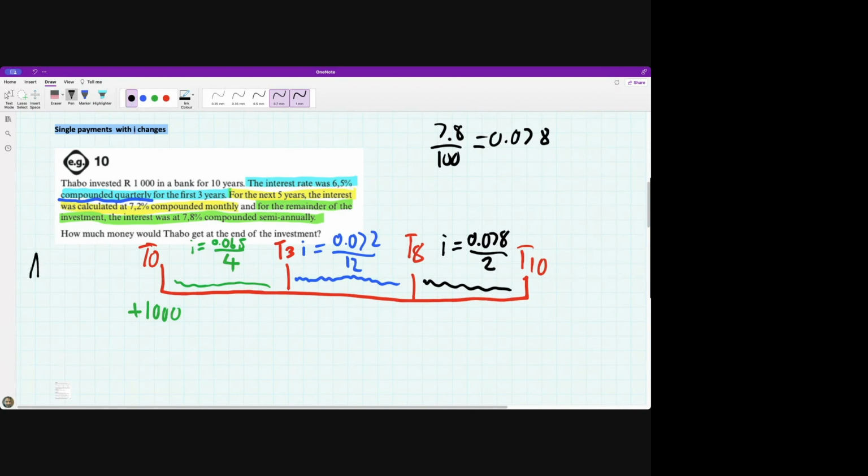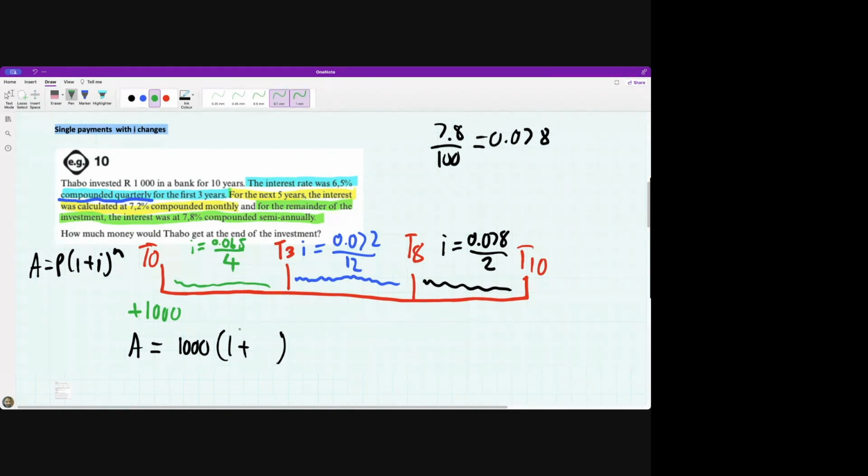If I take this formula, which I will put over here, I want to know how much money I have at the end of this first bit. So I'm going to go, it's 1,000. But now I need to put an interest rate in there for this time period.